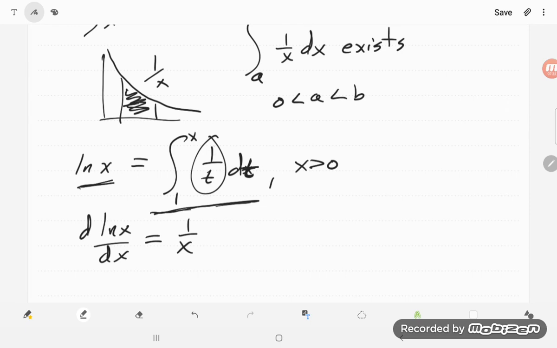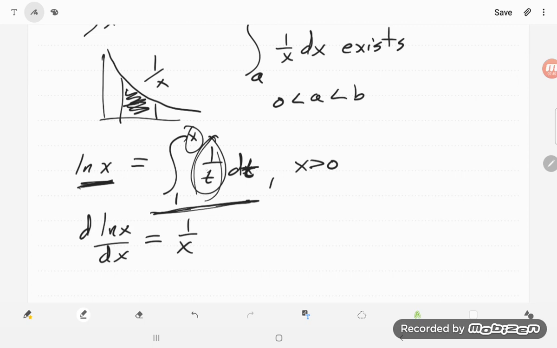I get this function 1 over t or 1 over x, and now I get the idea of the second fundamental theorem of calculus, and defining a function this way by making the upper limit a variable, and using the function this way.